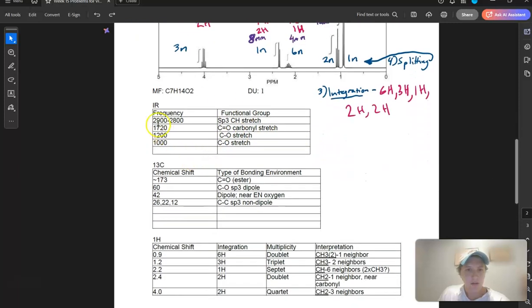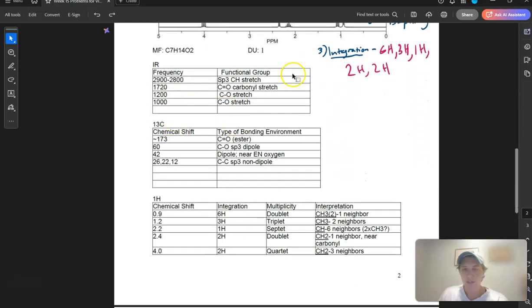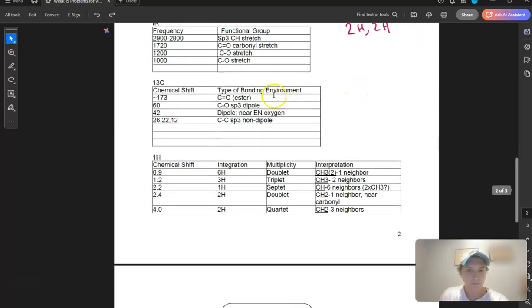We go down. Our tables basically show everything I just went over. We have the classic sp3 CH stretches in the IR frequency. Saw the classic carbonyl stretch, and then two stretches indicative of the tetrahedral CO stretches. And then in our 13 carbon, like I said, we saw that peak indicative of a carbonyl that's part of an ester.